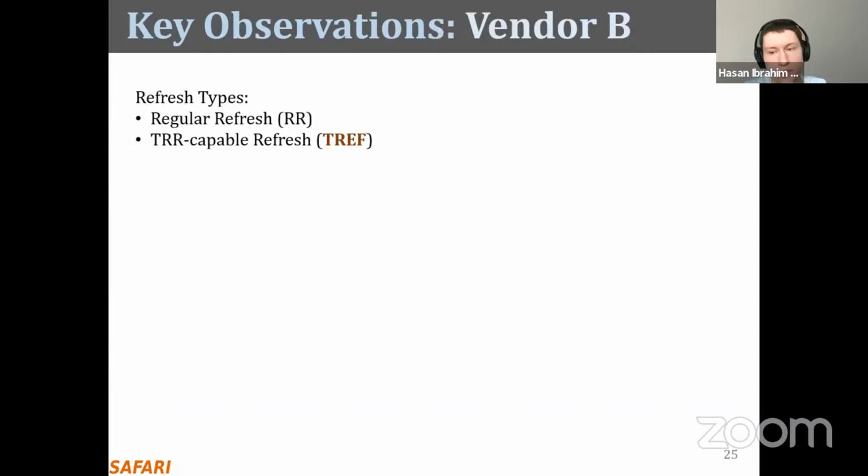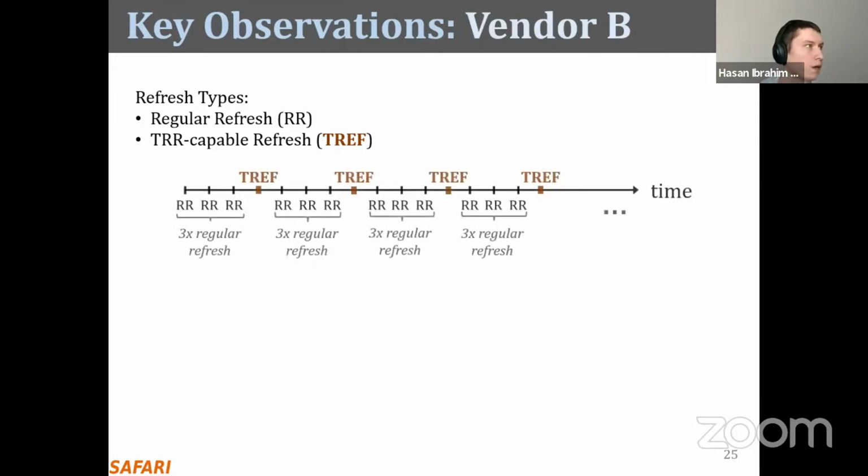Okay, moving on to vendor B. Here we observe that there are only two different refresh operations, just regular refresh and one TRR capable refresh command. The schedule of these TRFs is like this: instead of following 8 regular refresh commands with one TRF, for vendor B we observe that after 3 consecutive regular refreshes, a TRF happens, and then this repeats.